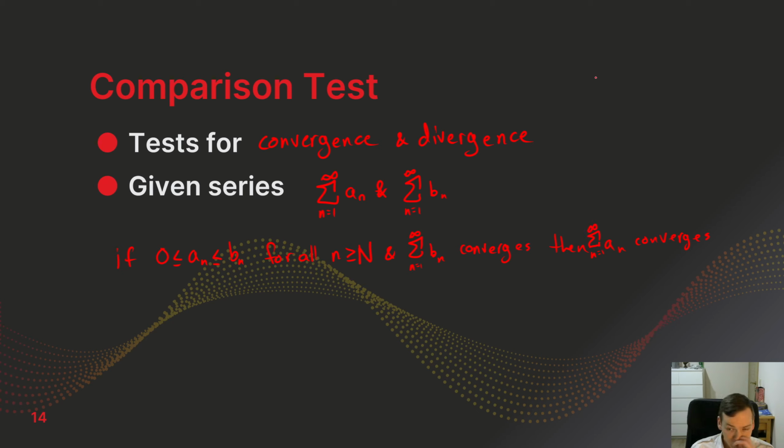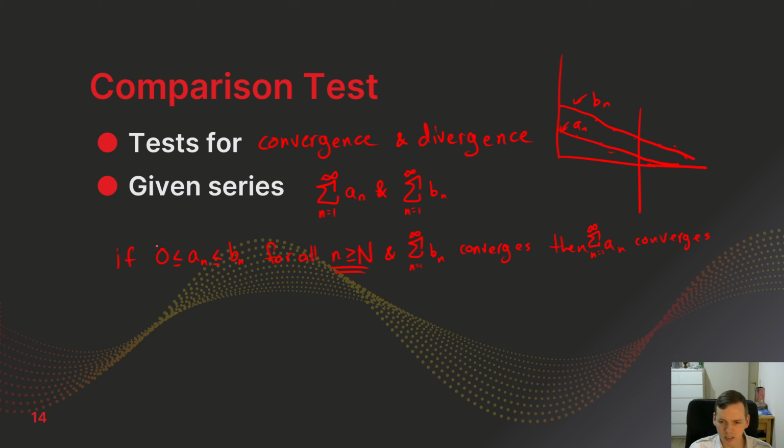So what this means is basically if I've got some series, let's imagine graphing all the points in the series. So we've got some b sub n and we've got some a sub n. If b sub n is always bigger than a sub n, all the way out to infinity, after a certain point, we only care about after some random arbitrary point.